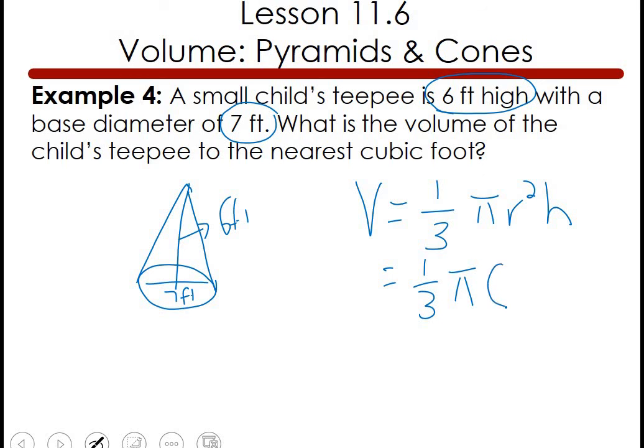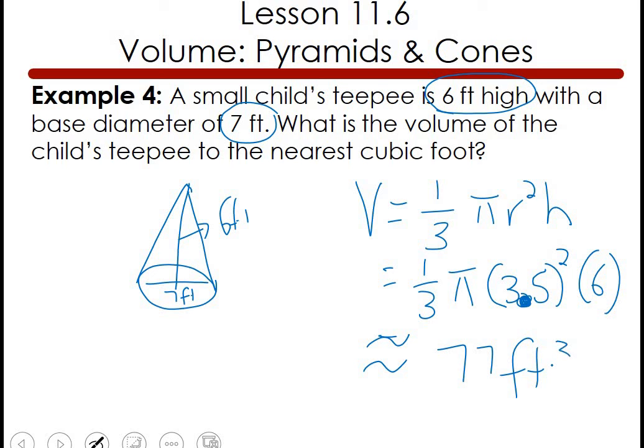Radius, since the diameter is 7, the radius is 3.5 squared. And height is 6. It's asking us to round to the nearest foot. So when I type this in, I get 77 feet cubed.